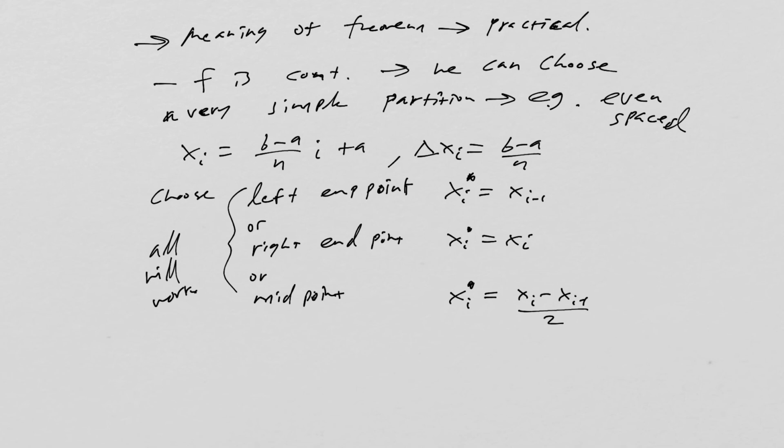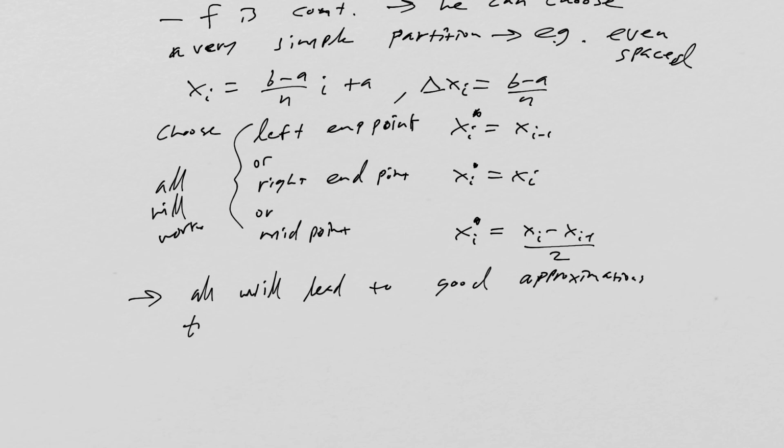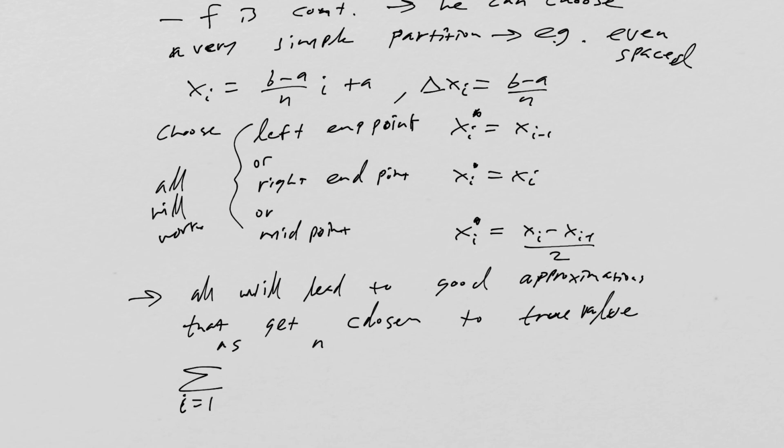All right. So what I would say here, of course, is that all will work and all will lead to good approximations that get closer to the true value as n gets large.